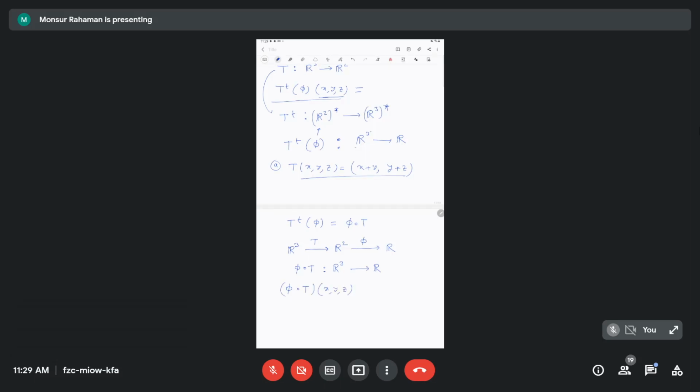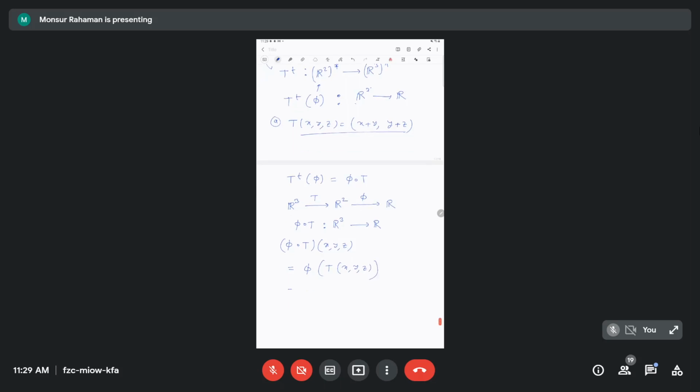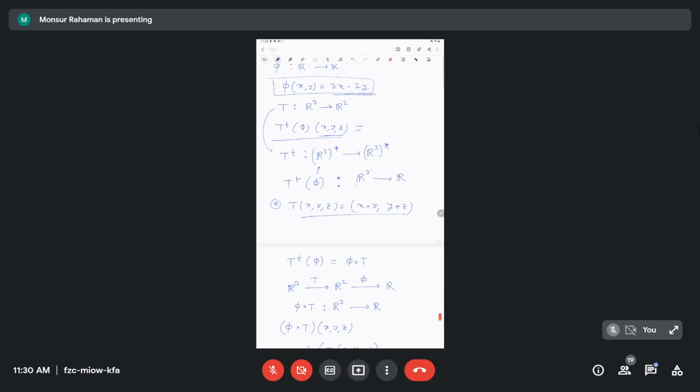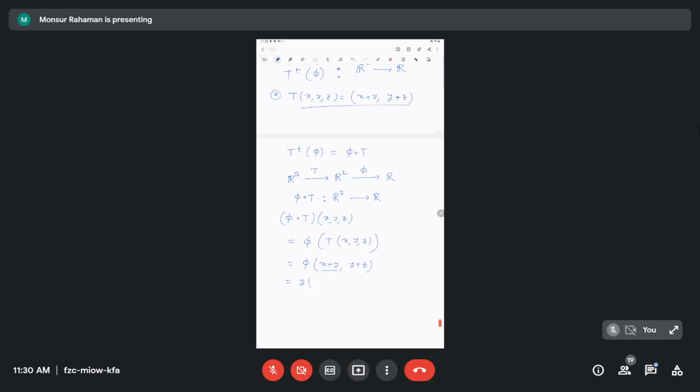So phi compose T of (x, y, z) equals phi of T(x, y, z). T(x, y, z) is (x plus y, y plus z), and by the definition of phi, 3x minus 2y, it is 3 times (x plus y) minus 2 times (y plus z). If you simplify, 3x plus 3y minus 2y minus 2z.